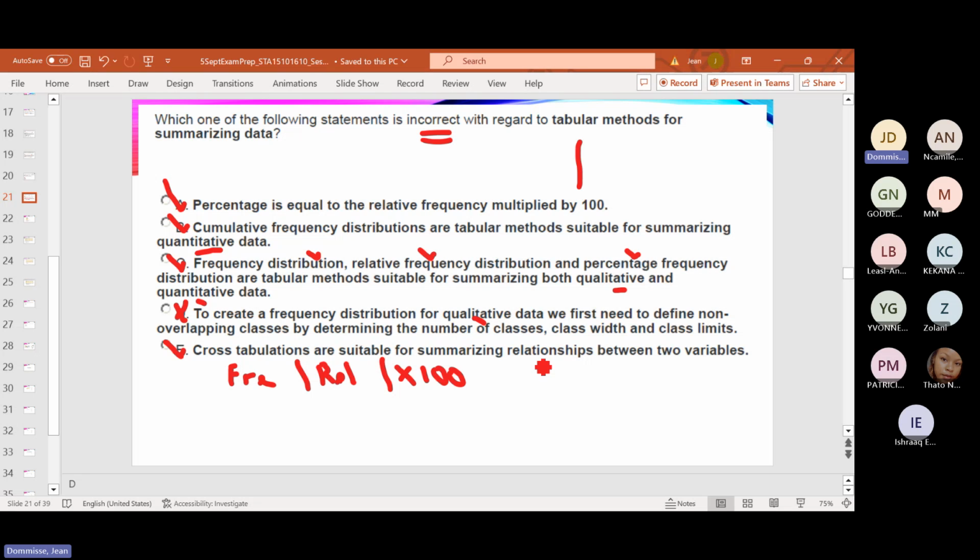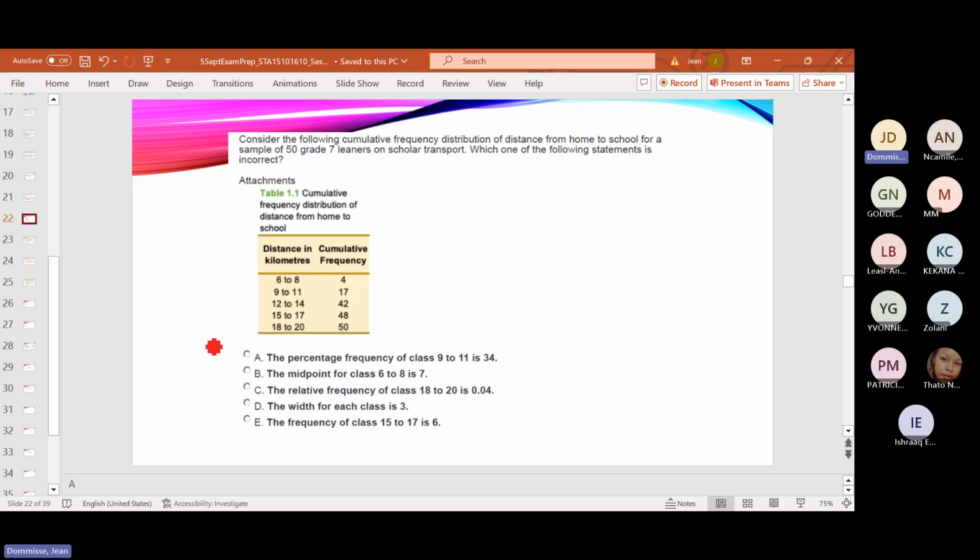But everything in study unit 10 about chi-square is all about summarizing the relationship between two variables. Okay, so then we probably will move on now.